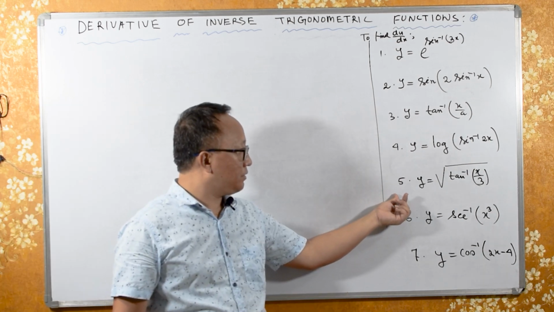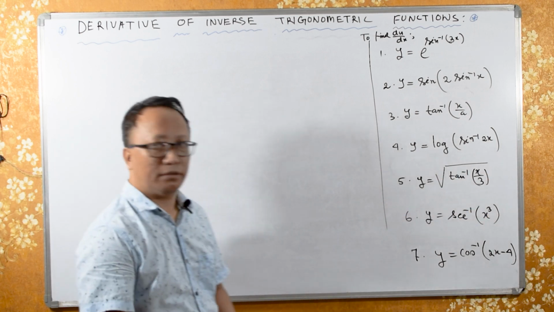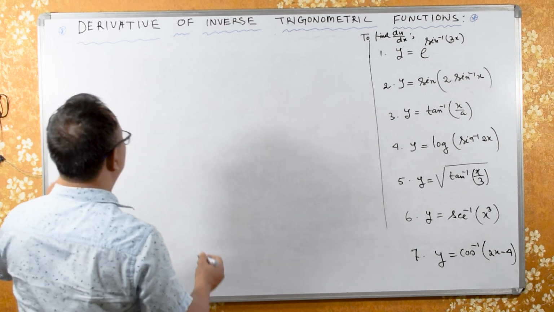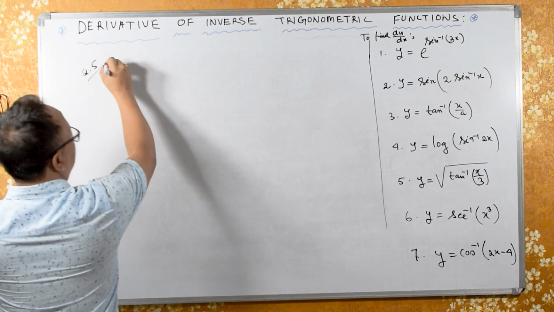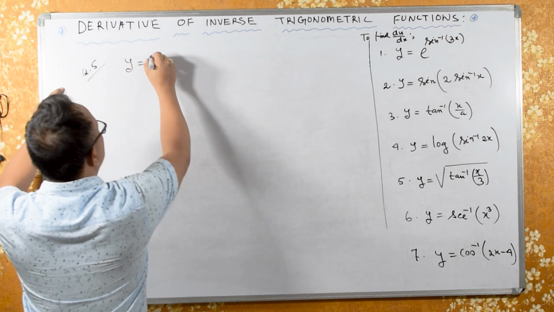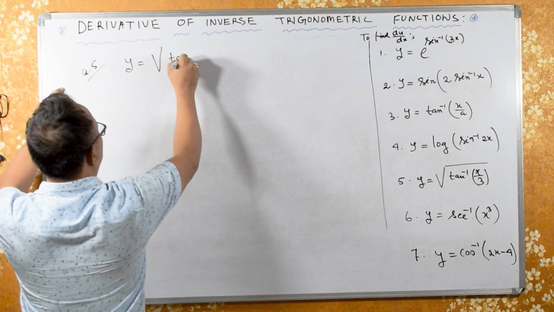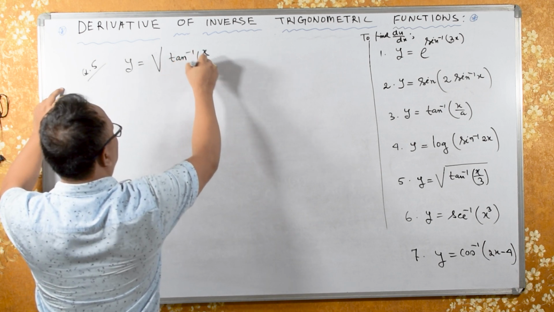Now next question is 5. Y equals to square root of tan inverse x upon 3.